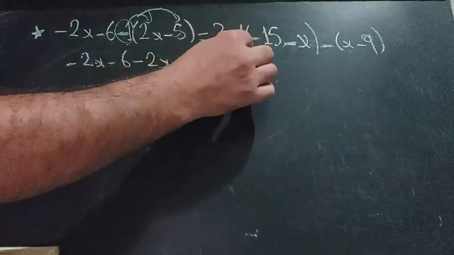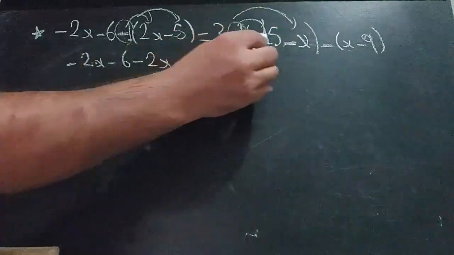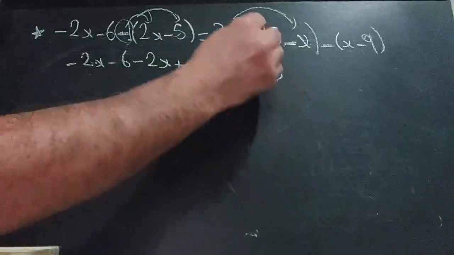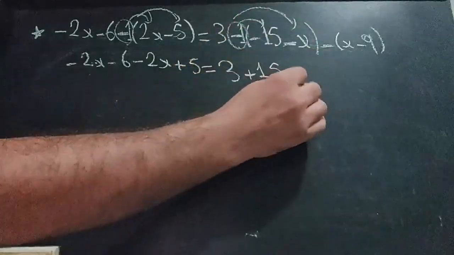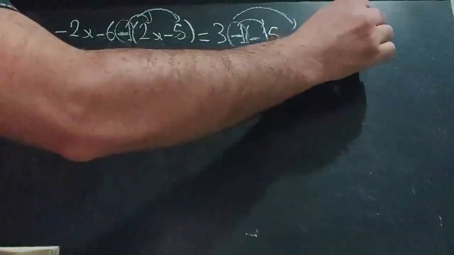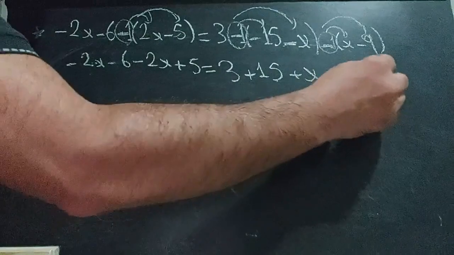And the same story there. This will go inside, negative 1 times negative 15, which is positive 15, and positive x there too, negative x, and positive 9.